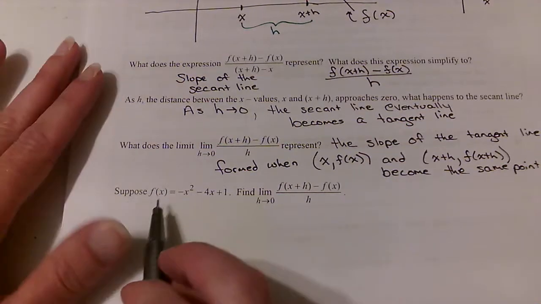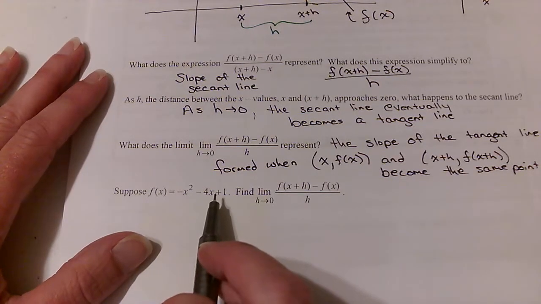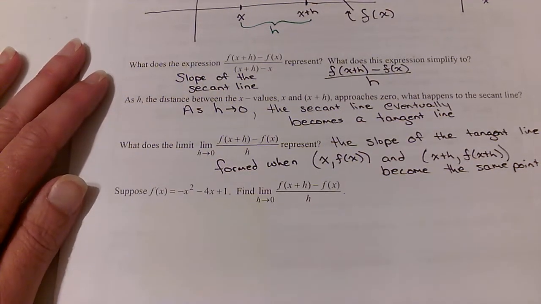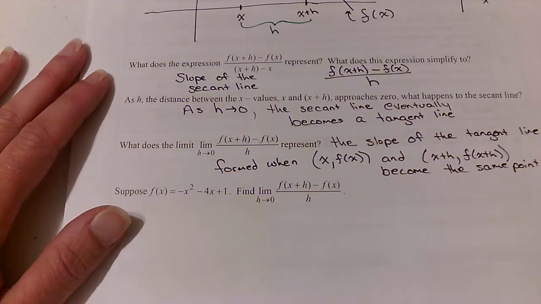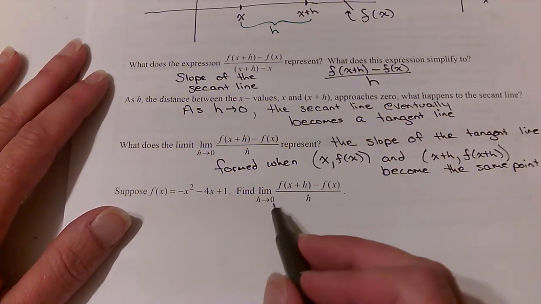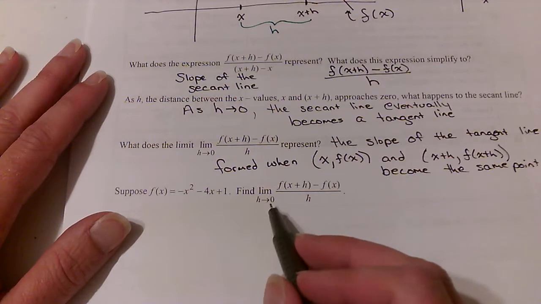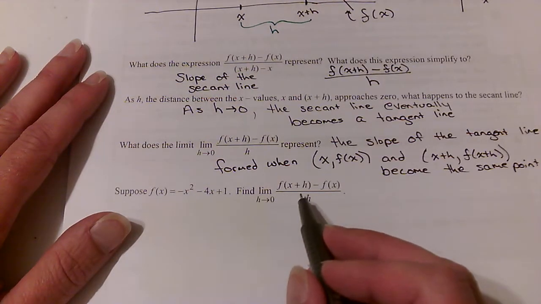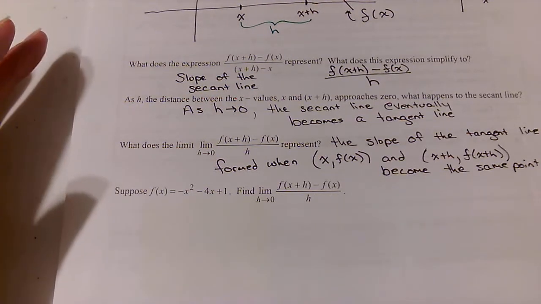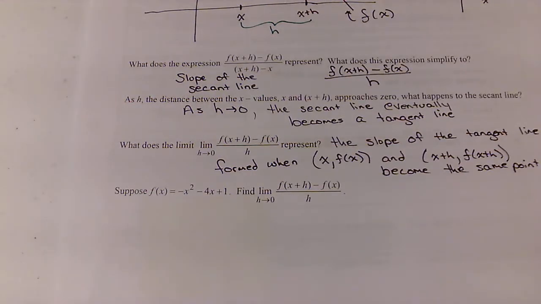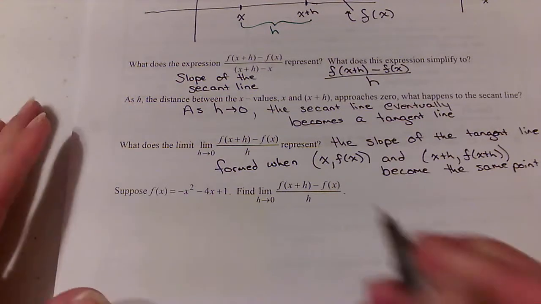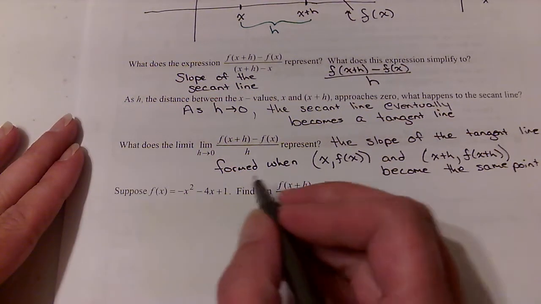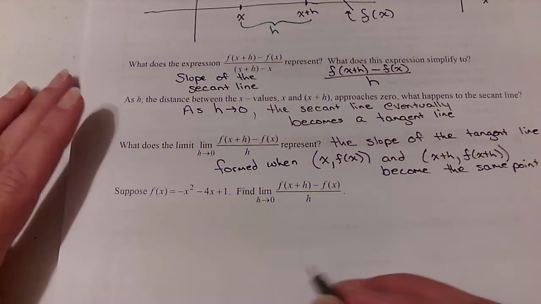So let's look at an example. What if we have f of x as this function? That's a parabola that's upside down. Could have been the one we drew up there. Find the limit as h approaches 0 of f of x plus h minus f of x. So remember when we were doing limits, we had this occur a couple of times. And f of x plus h means this is getting substituted in for x.